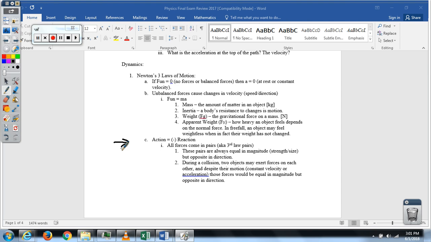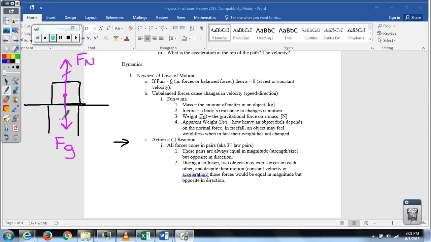And so if you take a situation where you have a table, and we'll place an object on the table, there's gravity acting on this object, and it doesn't move, so there must be a normal force acting on the box also. So these forces remain balanced, but each one of these forces gives us its own pair force.